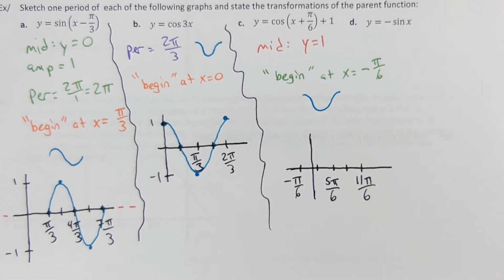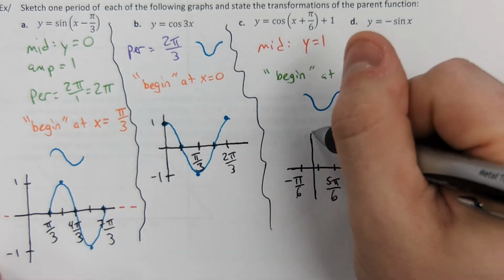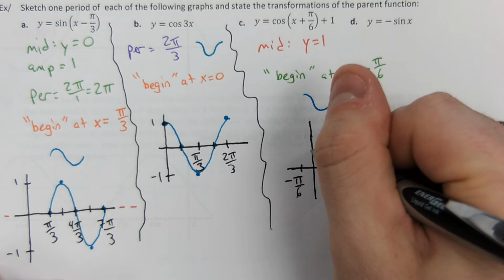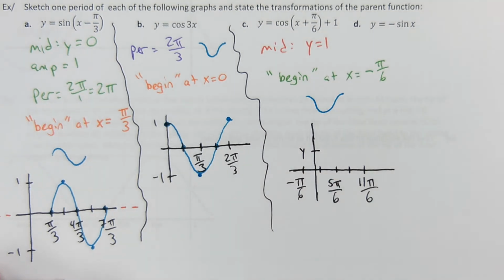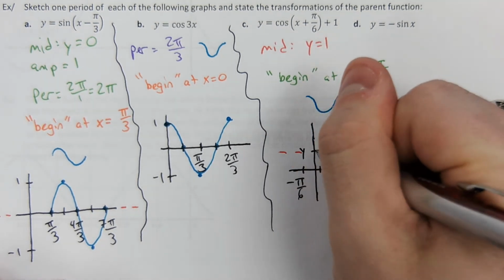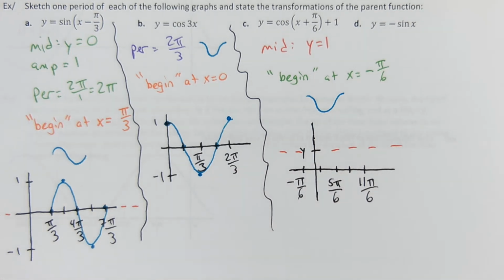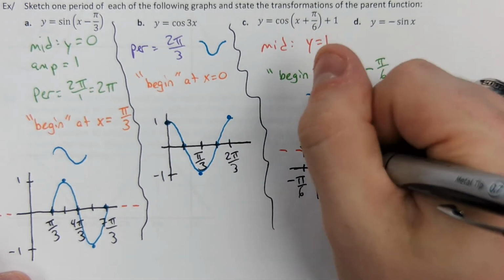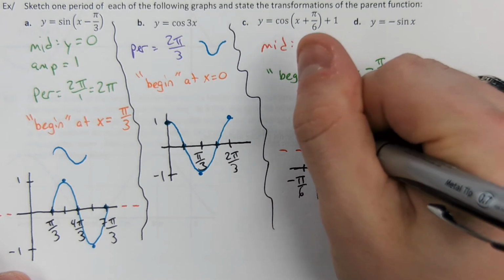Our midline, though, is y equals 1. That makes this interesting because our amplitude is 1. That means our maximum y value is 2. I wrote y instead of 1. Whoops.